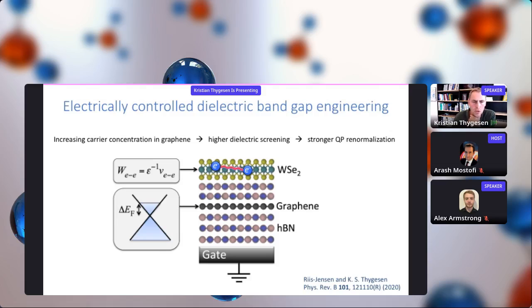In this case, it's tungsten diselenide, which is a semiconductor. By tuning the gate, we can change the concentration of carriers in the graphene sheet, and that will in turn change the dielectric environment, because more charged carriers means better screening. And this actually works quite well.